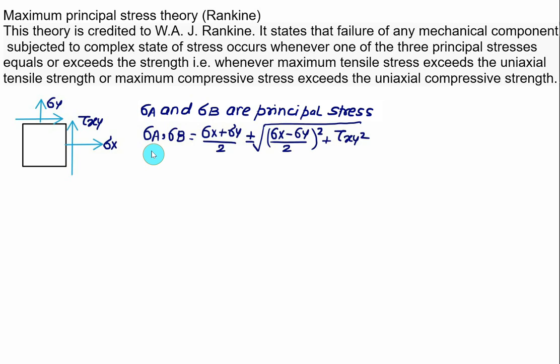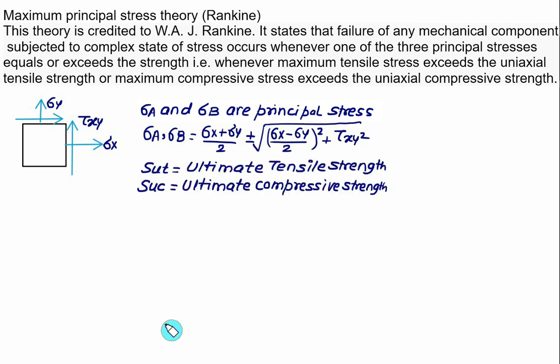Either the value of sigma A is greater than sigma B and greater than 0, that is both values are positive, or sigma A and sigma B are both less than 0, that is both are negative, or one value is positive and one value is negative.